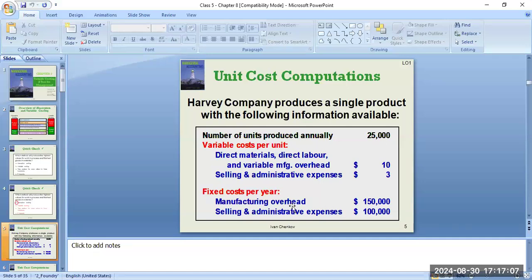So once we see the fixed manufacturing overhead cost, we see how many units we produce. So 150 divided by 25, we come up with the fixed manufacturing overhead cost per unit, which will be taken under absorption costing. And that cost is not going to be taken under variable costing.